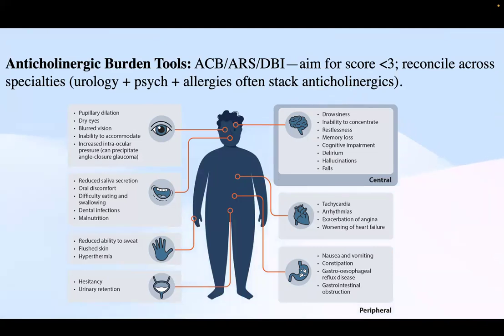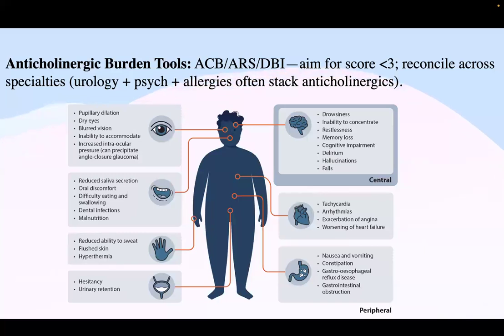Drug burden index, how will we explain it? Basically it is a broader term. Here nothing specific is mentioned, it is not only about anticholinergics. Right? Drug burden index is a broader term than ACB and ARS. It measures the total burden of both anticholinergic and sedative medicines.